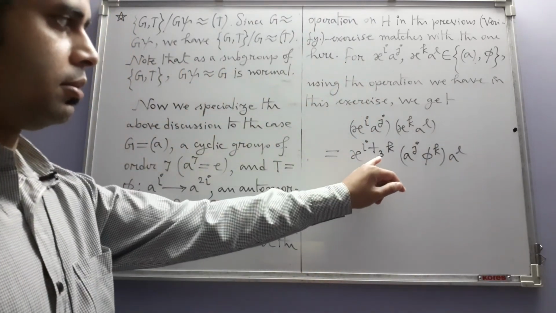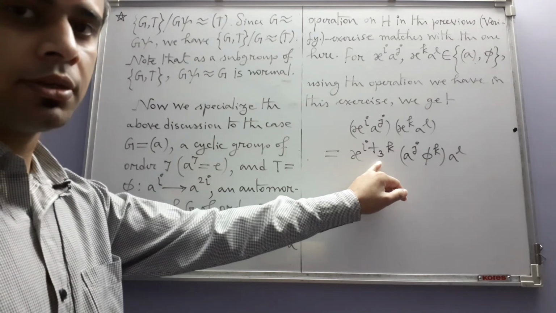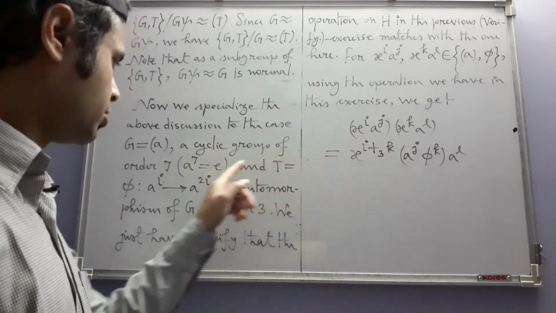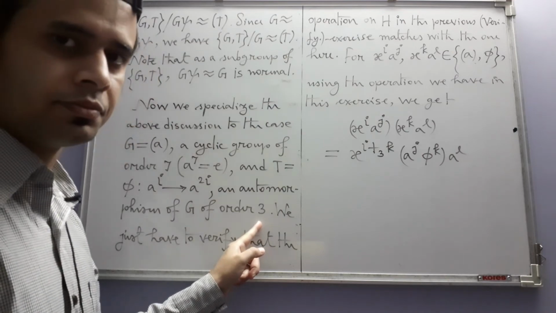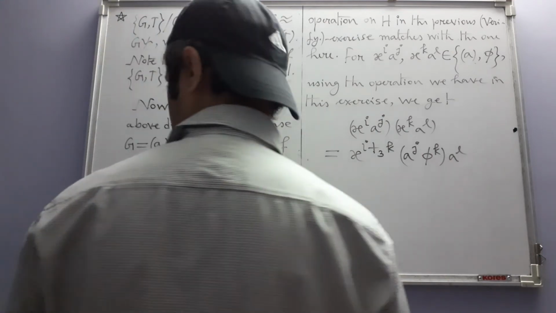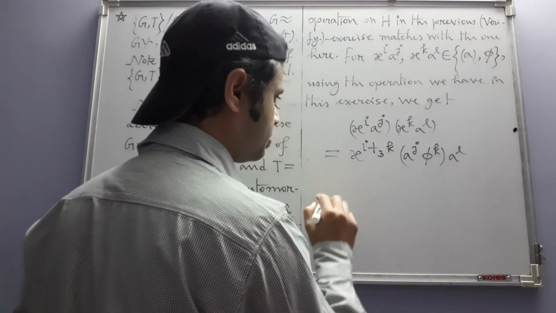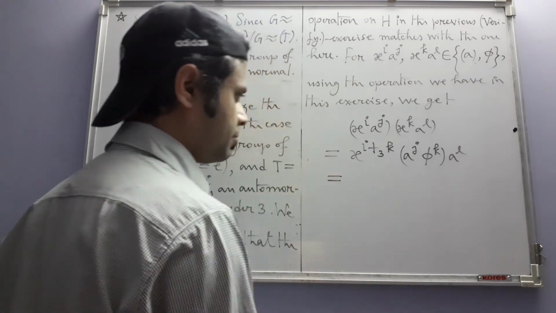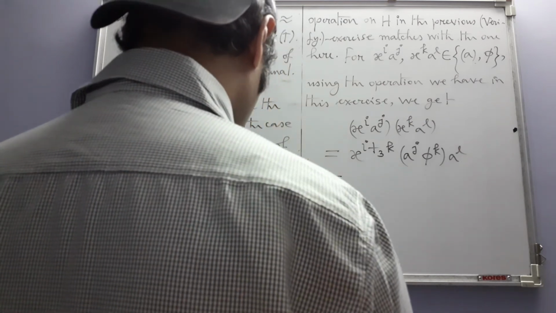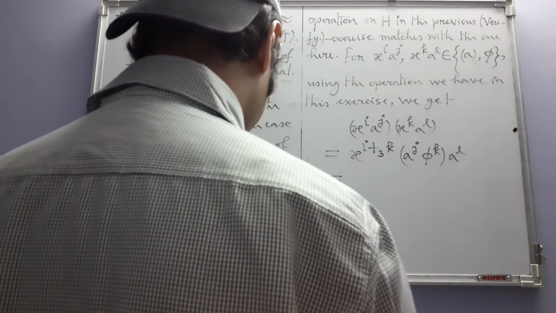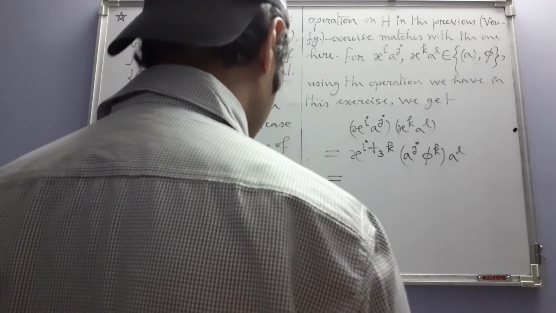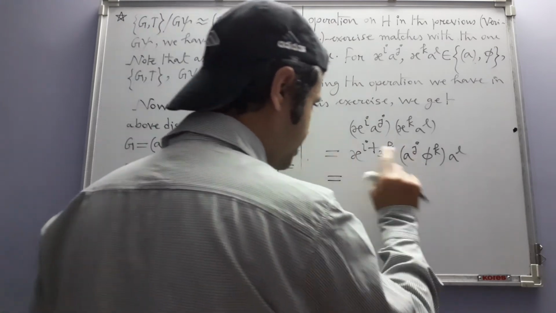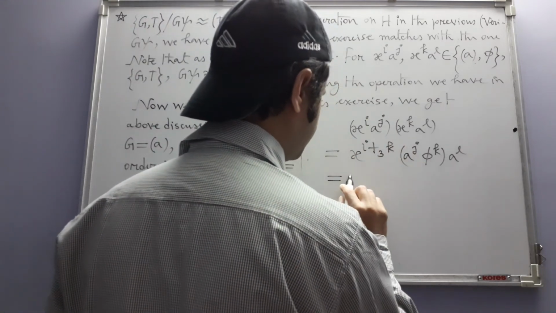Where note that now in place of R we have 3, because phi is an automorphism of order 3. And now here we have something.